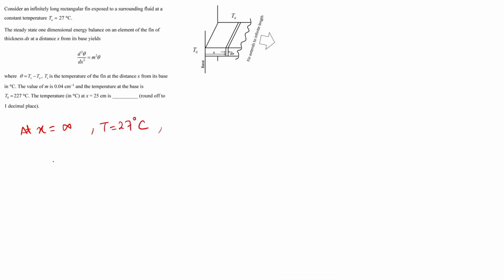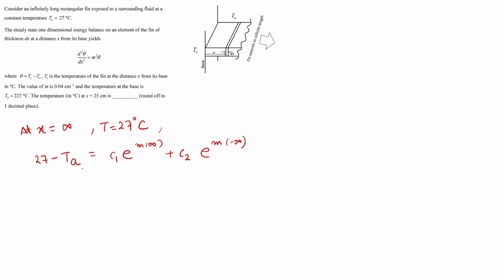So this we can write as 27 minus Ta is equal to C1 e raised to m into infinity plus C2 e raised to m into minus infinity.